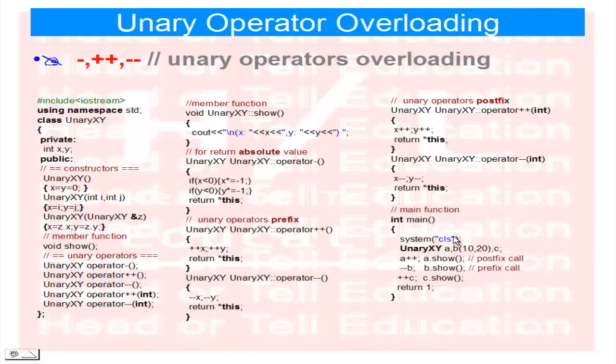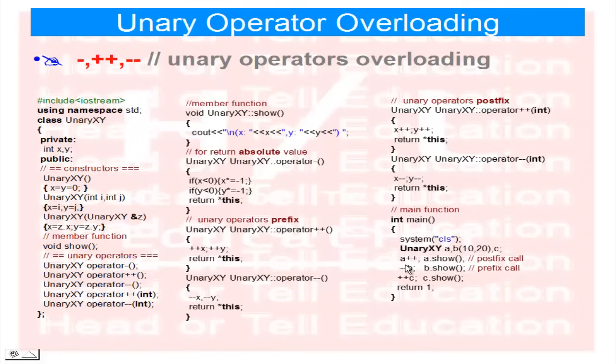Now, how to use this? Here I have created an integer main, a simple function. In main, clear screen. Here I have created three objects of unary xy: a, b passing 10 and 20, and c. According to the constructor rule, a and c have the default value 0.